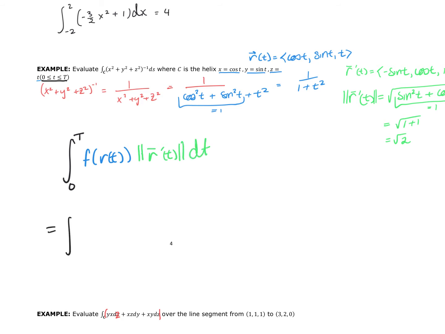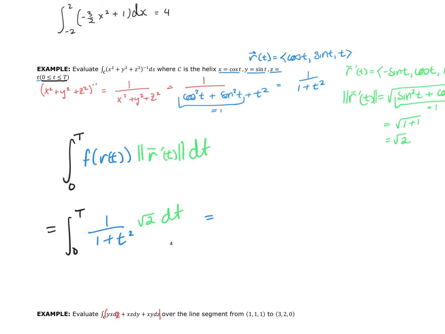So this will be from 0 to T. My replacement, when I replaced my function in terms of t, is 1 over 1 plus t squared. And then, of course, the magnitude of my r prime of t is going to be the square root of 2 dt.